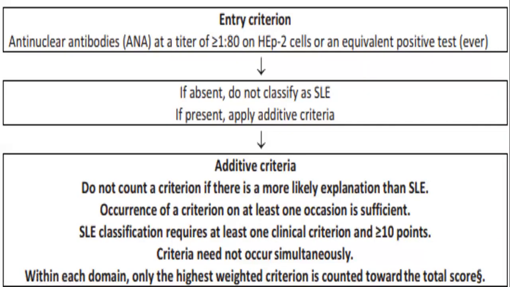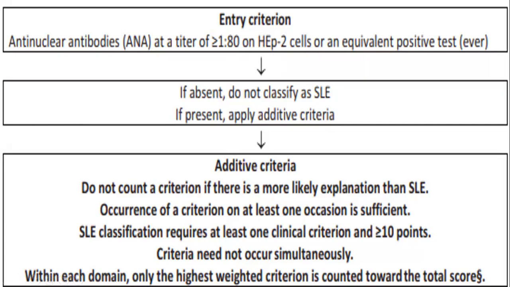Now, the laboratory workup. This is an algorithm showing you how we work up patients with SLE or suspected to have SLE. We first do ANA determination, such that a titer of 1:80 or more is a positive determination for SLE.